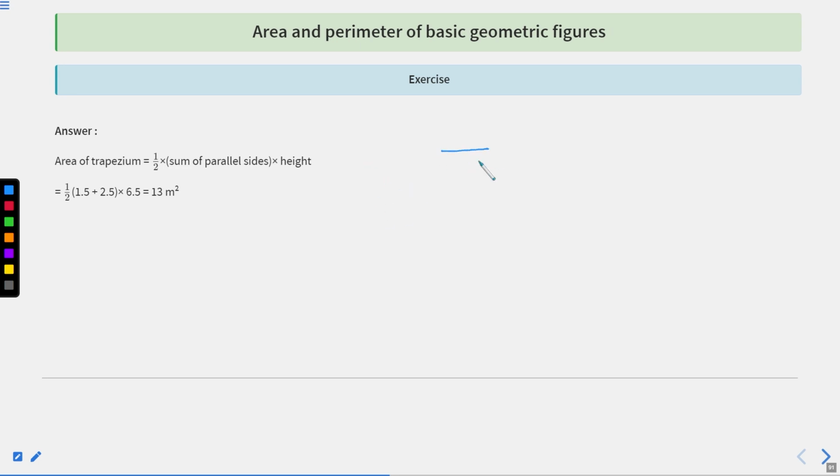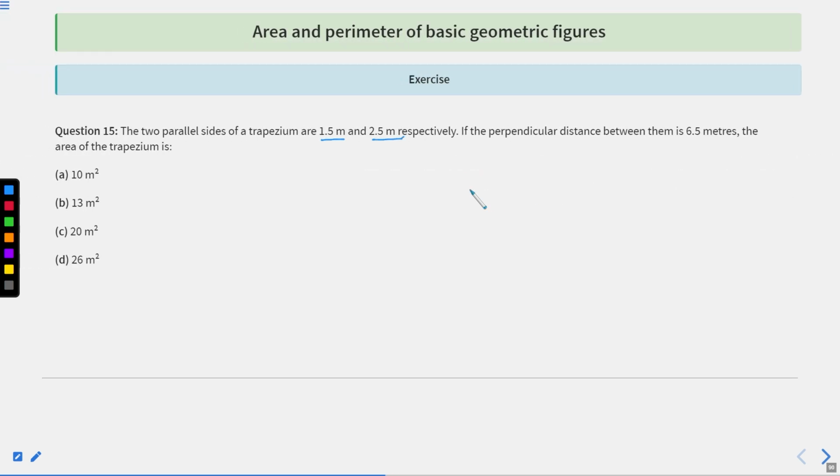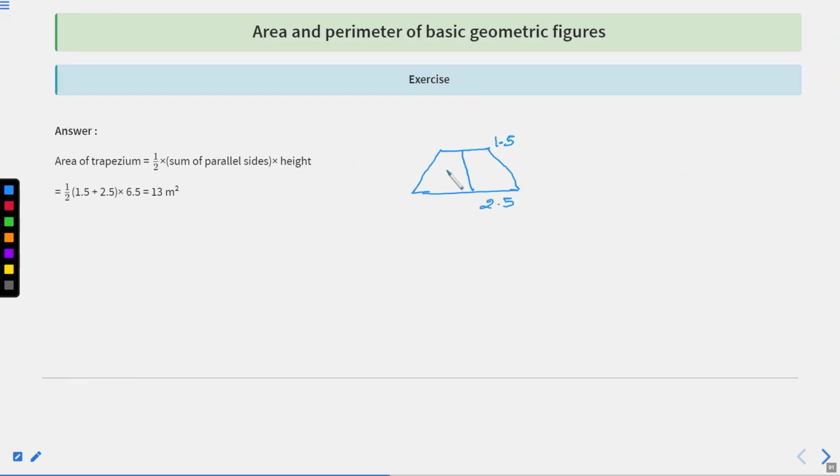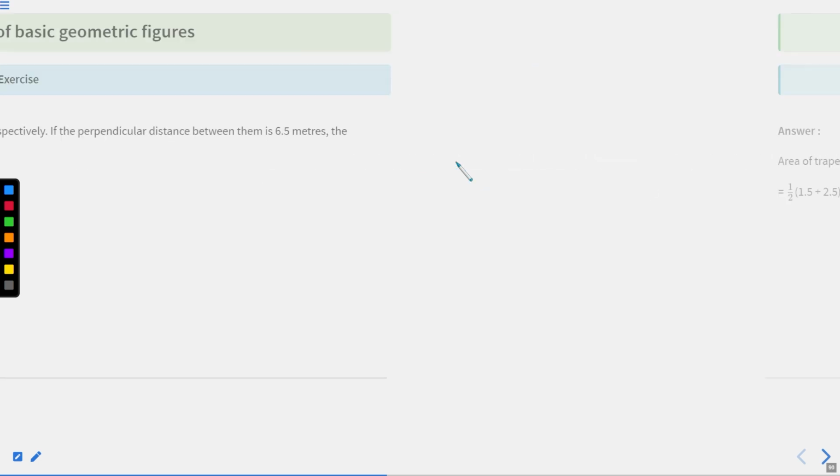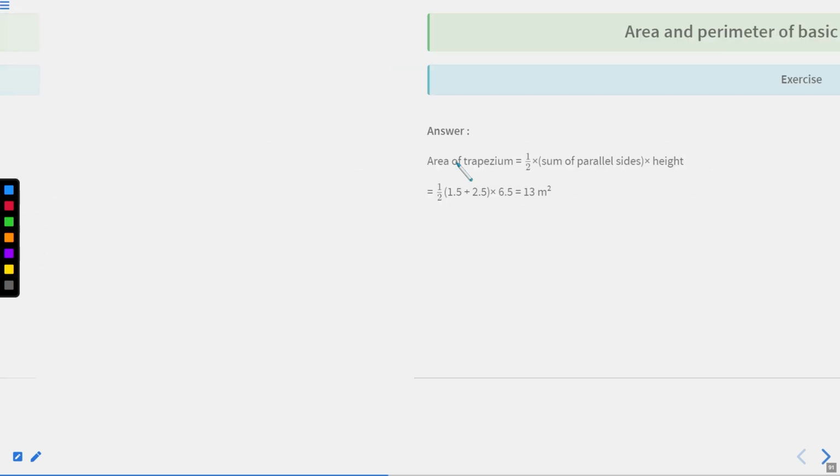Suppose this is our trapezium, and this is 1.5, this is 2.5, and this height is also given to us, that is 6.5. So we are interested in finding the area of the trapezium.